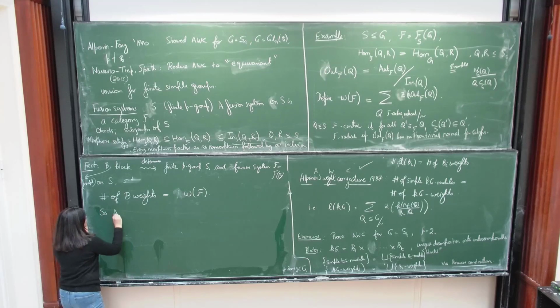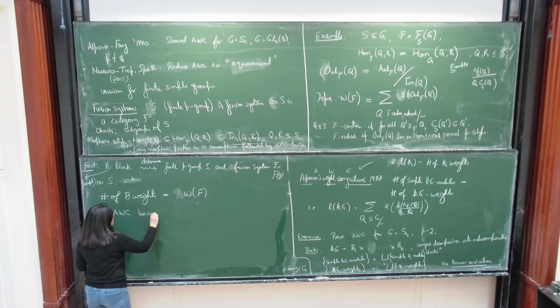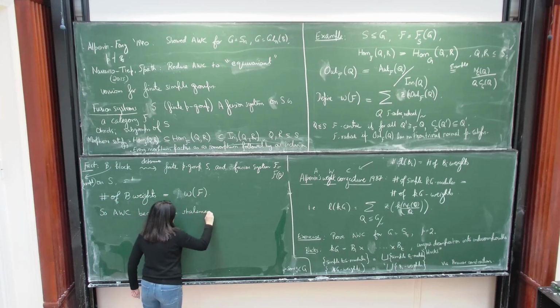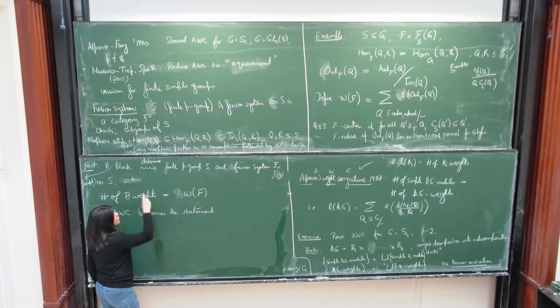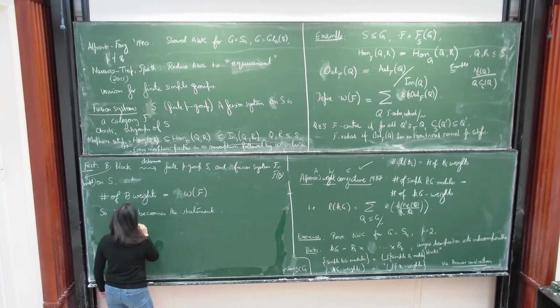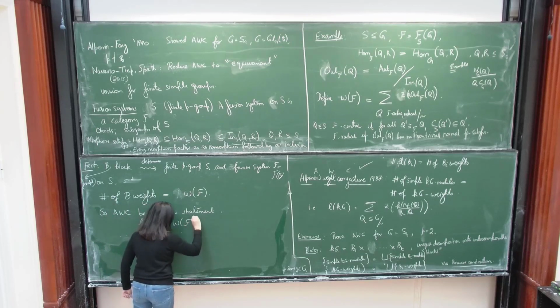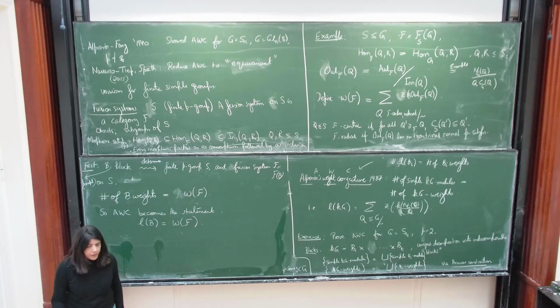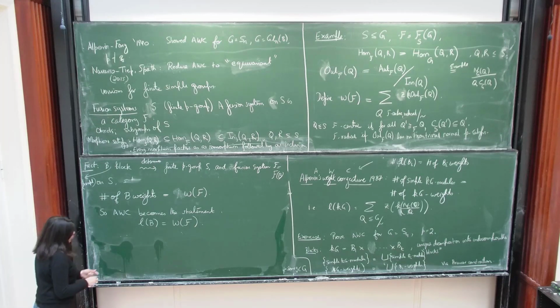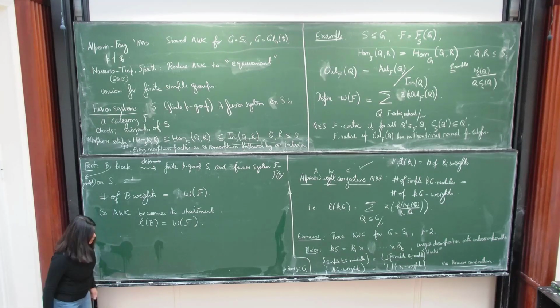Anyway, the alternating weight conjecture becomes the statement that for any block, the number of simple modules equals the number of weights of F. Now you want to understand this equation in any way you can.